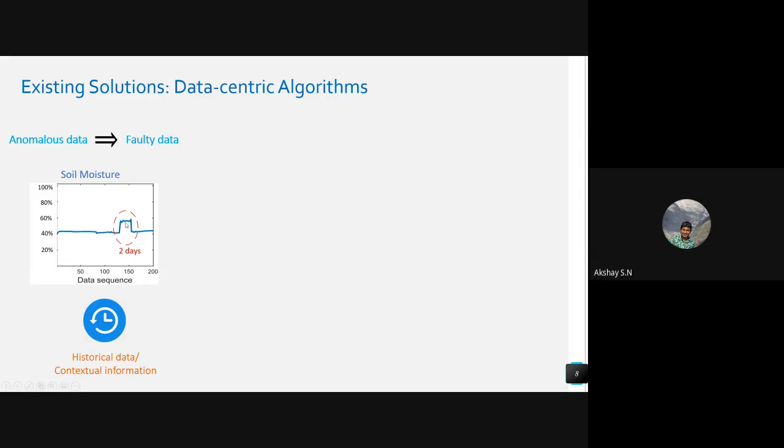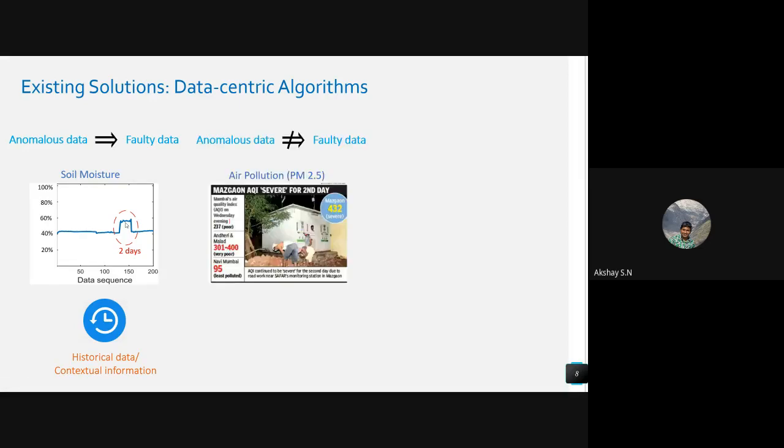Okay, and there are other scenarios where anomalous data need not be faulty. What I mean by that is, here is an example of air pollution data. There is an air pollution sensor here, which is measuring a very high value of 432. And if you look at Mumbai and the rest of the city, they are measuring overall values of 95 and 300.